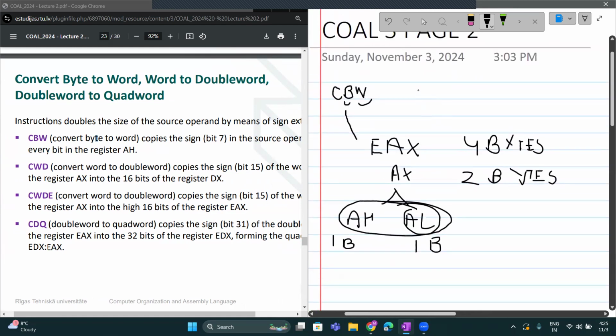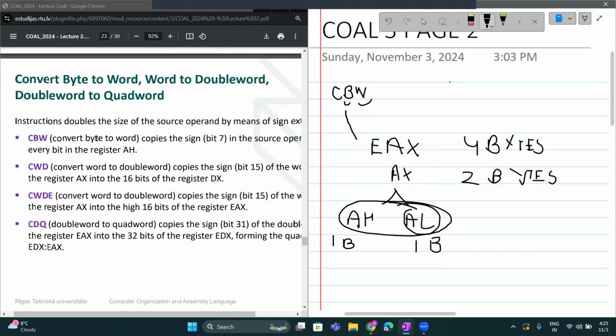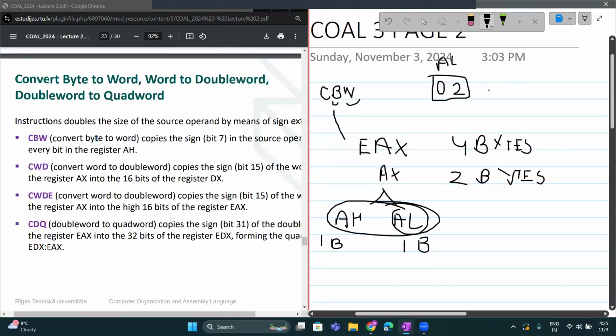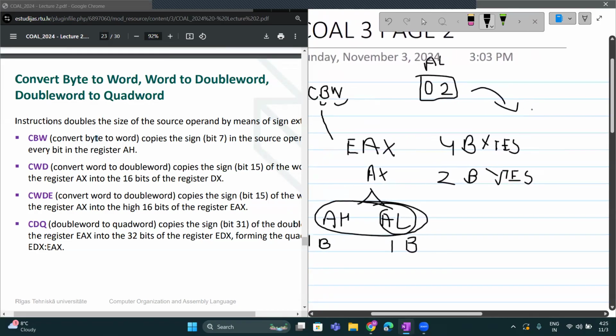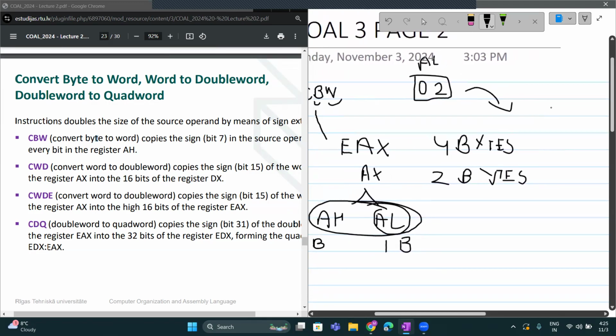So if we have, for example, 02 inside of AL, what it does is converts it into a word, and a word is 2 bytes.